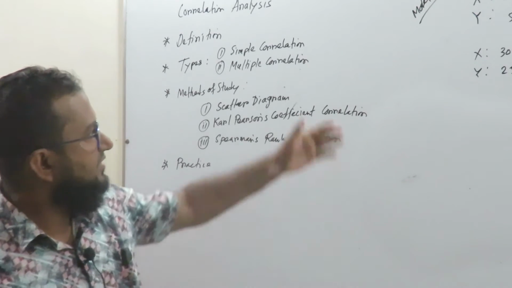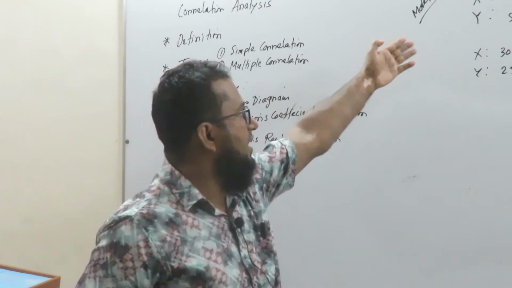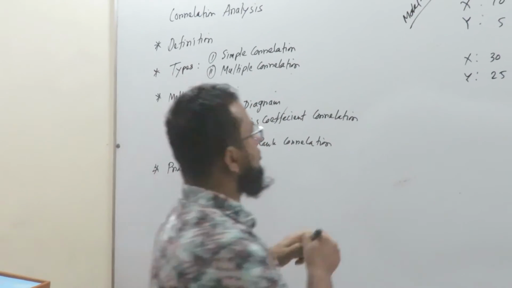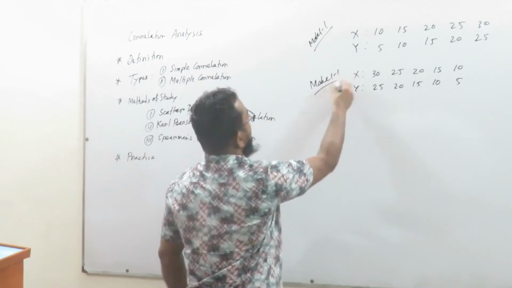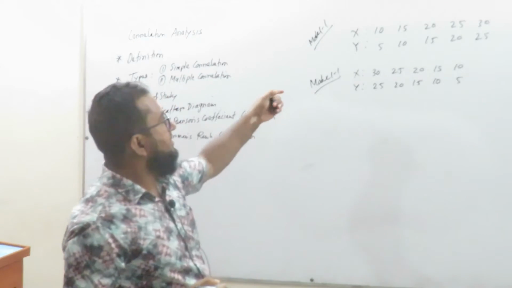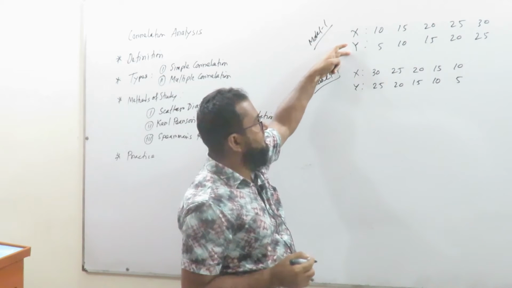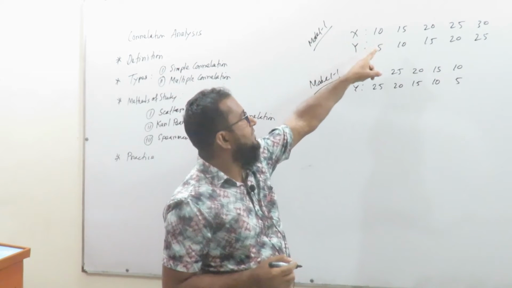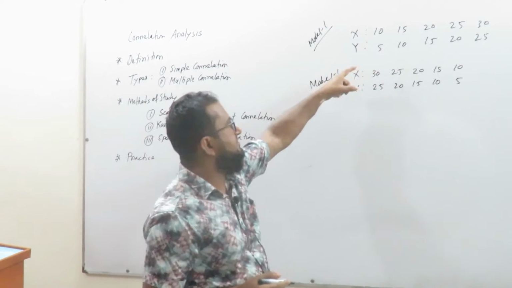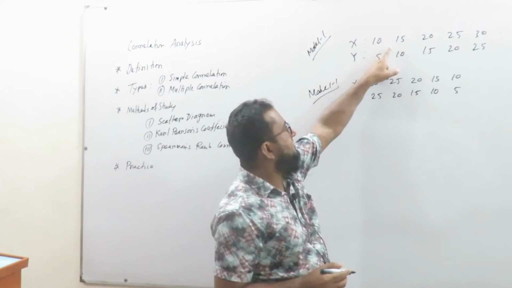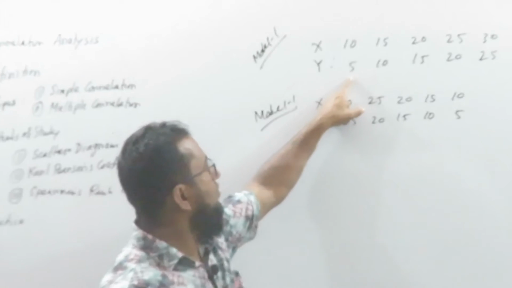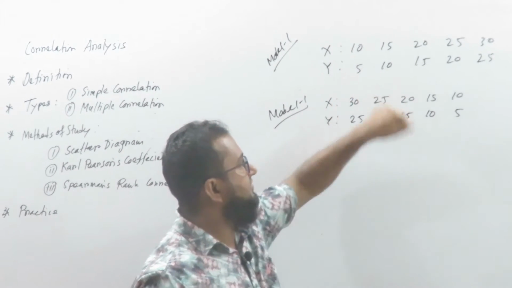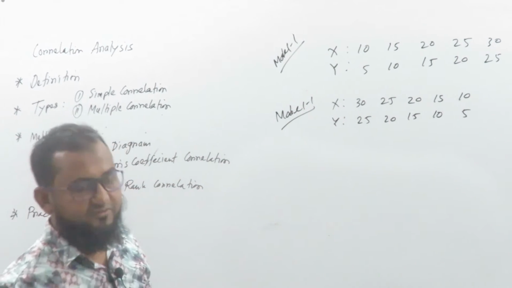For example, look, this is model 1 and this is model 2. Model 1: variable x and variable y have five values: x is 10, 15, 20, 25, 30, and y is 5, 10, 15, 20, 25.